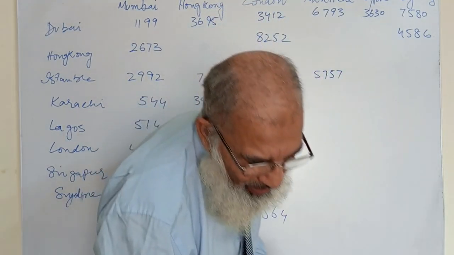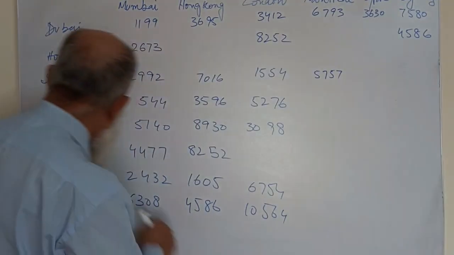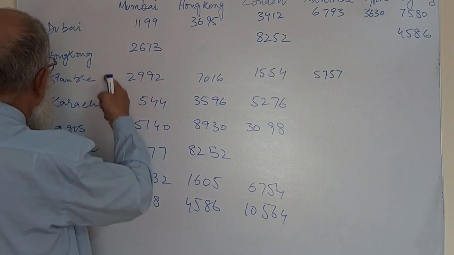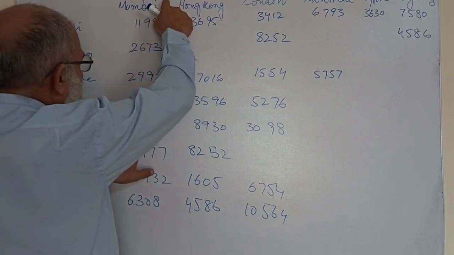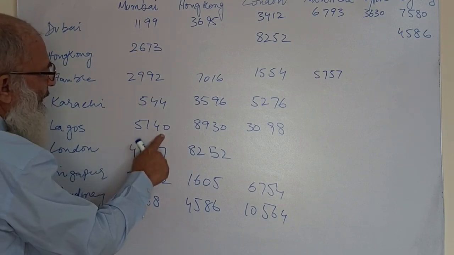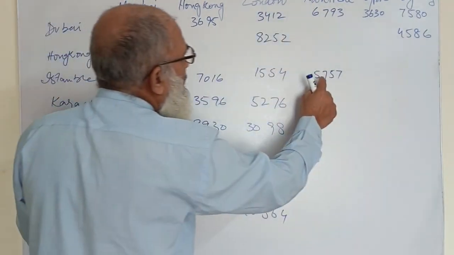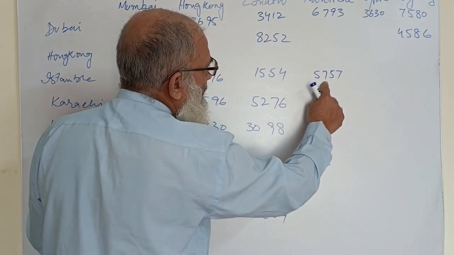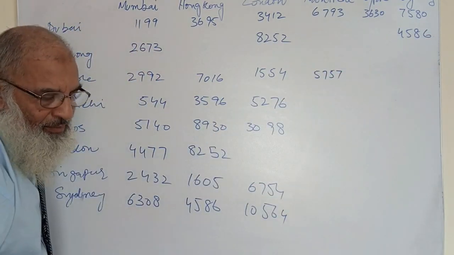Or Mumbai to Lagos. Where is Mumbai? Yes. Now you see that this is 5,140 kilometers, whereas Istanbul to Montreal is 5,757. So this one is the greater distance.